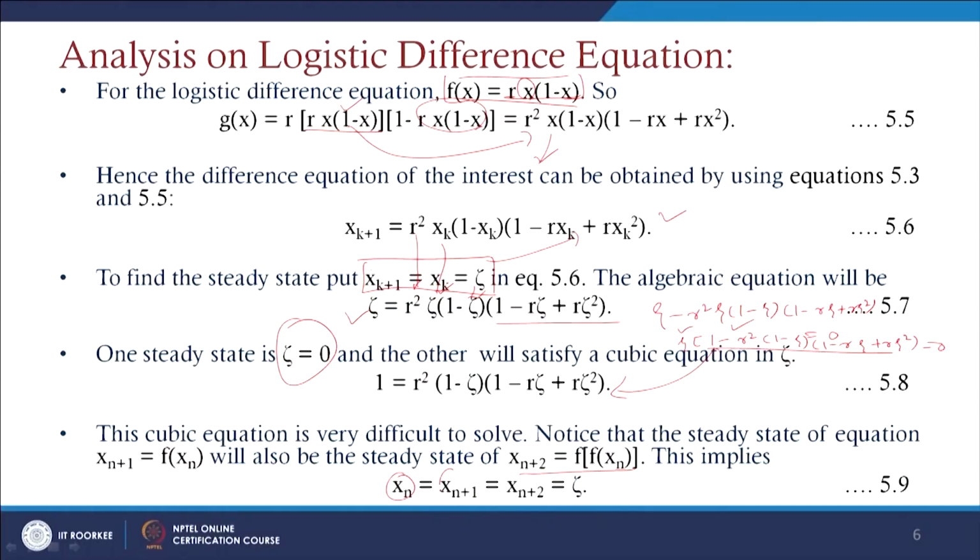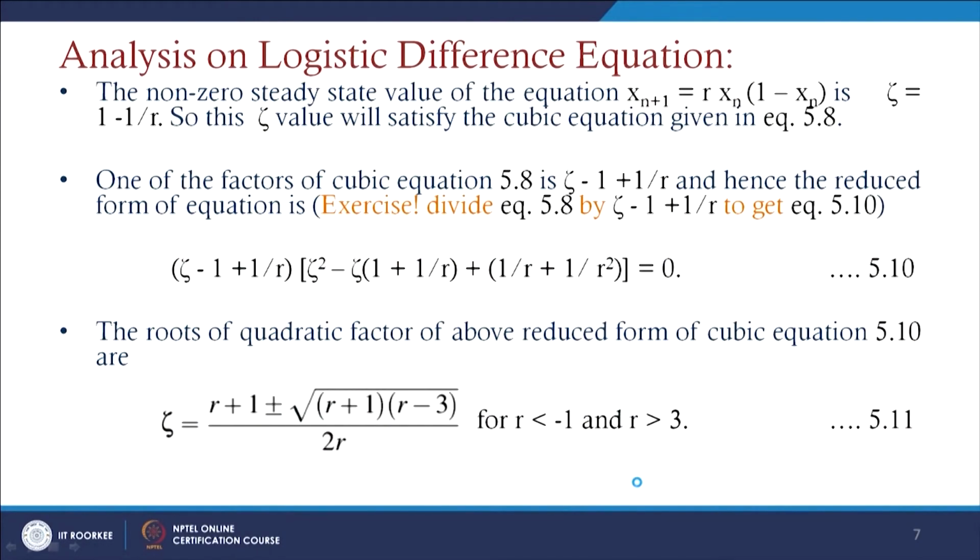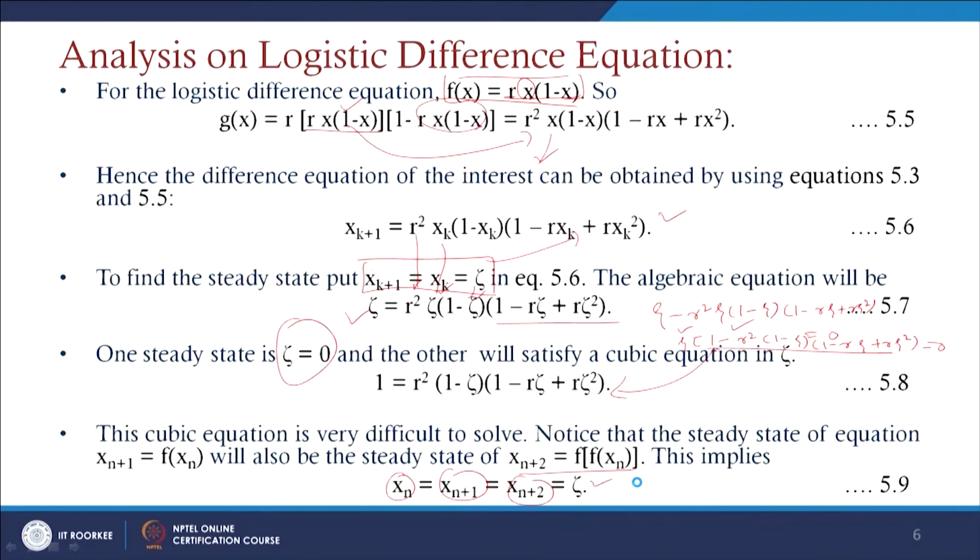So, if we put x n equals x n plus 1 equals x n plus 2 equals zeta, then the reduced form gives zeta equals 1 minus 1 by r, the non-zero steady state value of the equation x n plus 1 equals r into x n into 1 minus x n. So, this zeta value will satisfy the cubic equation given in equation 5.8.